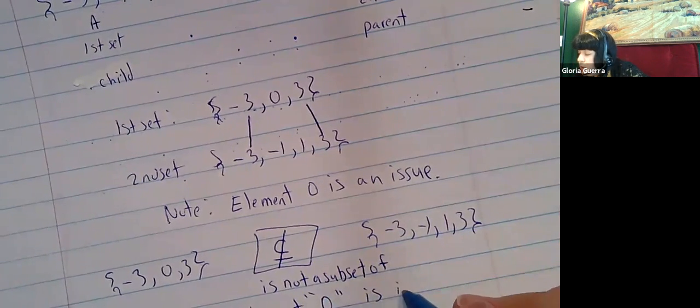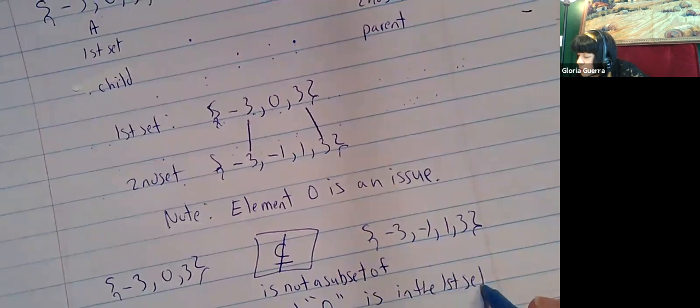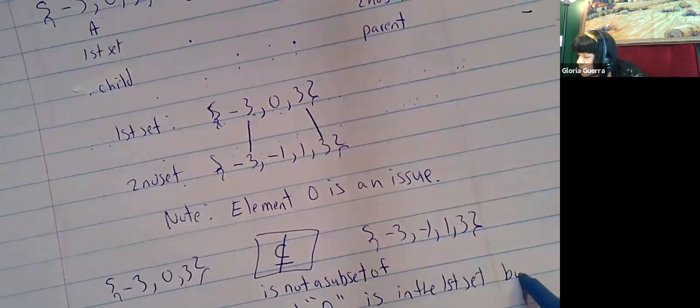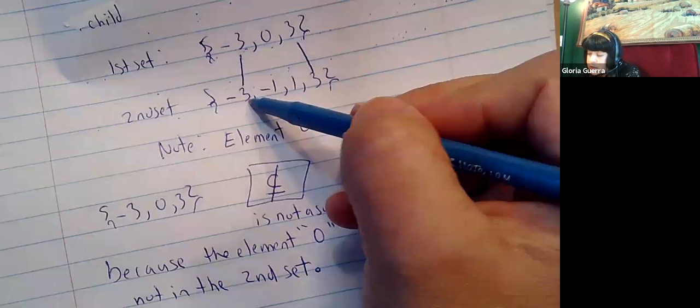is in the first set, but not in there with 0. -3 is in the second set and 3 is in the second set.